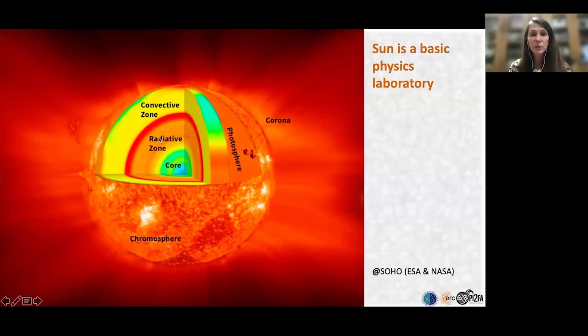So every single photon is getting absorbed and re-emitted millions and billions of times before it can actually reach the surface. So the light that we see from the sun has been produced millions and millions of years ago.